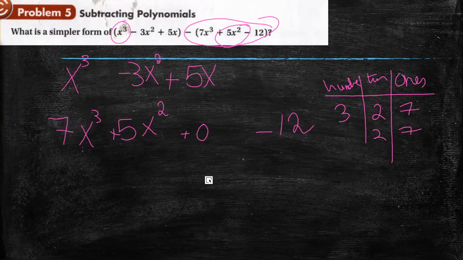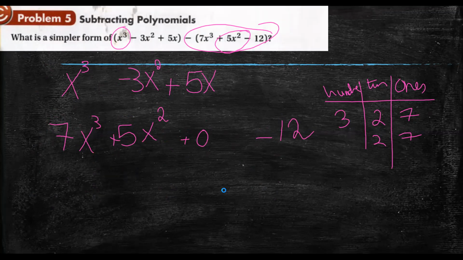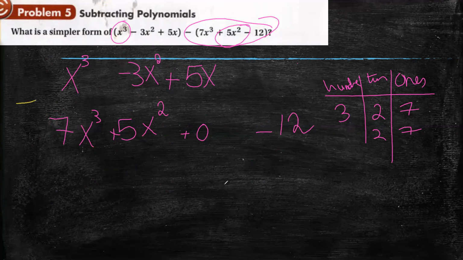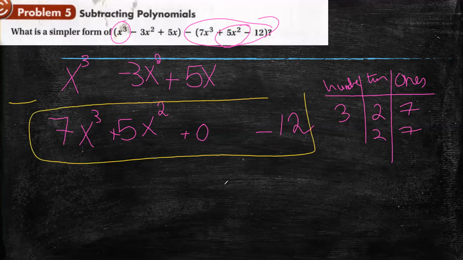Now, we say that from the question they are subtracting. If they are subtracting, what do I have to do? I will look down at the second one. I just change the second one.